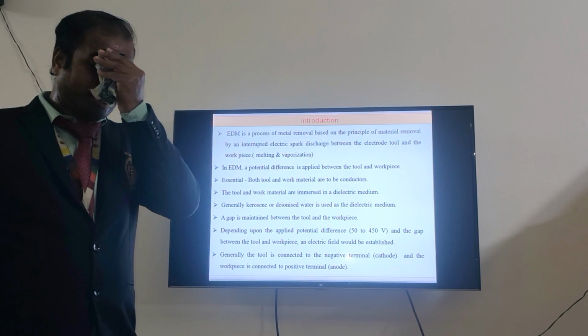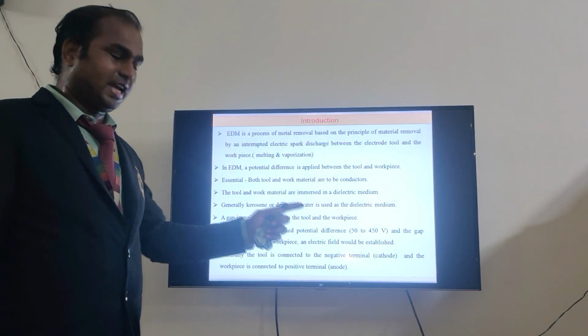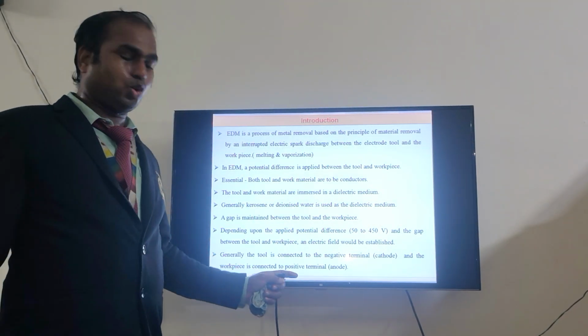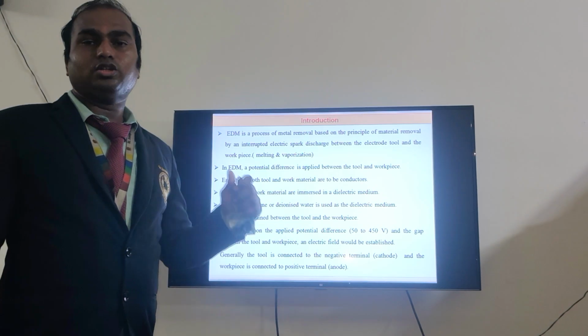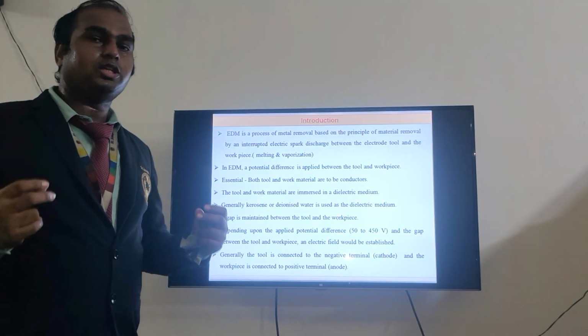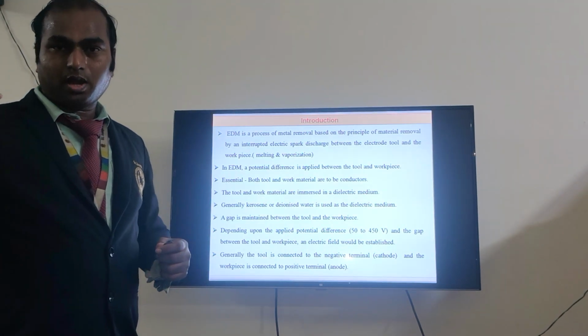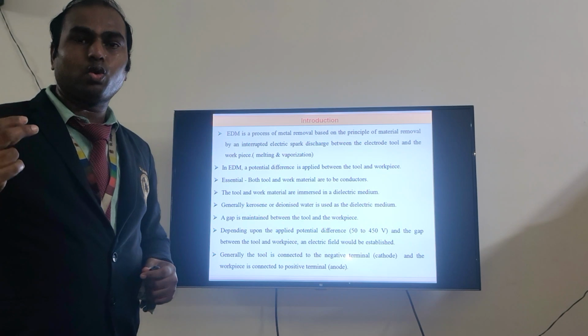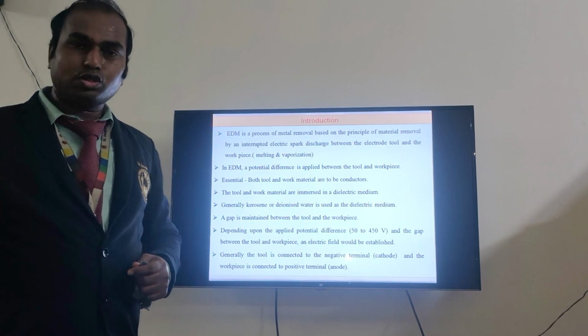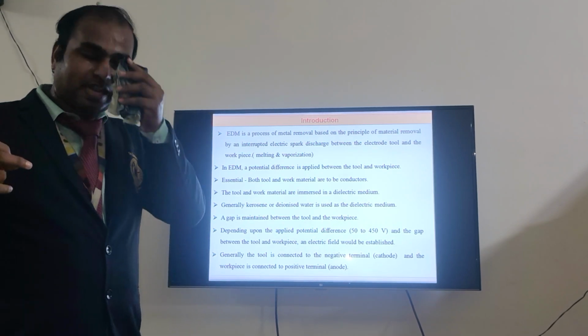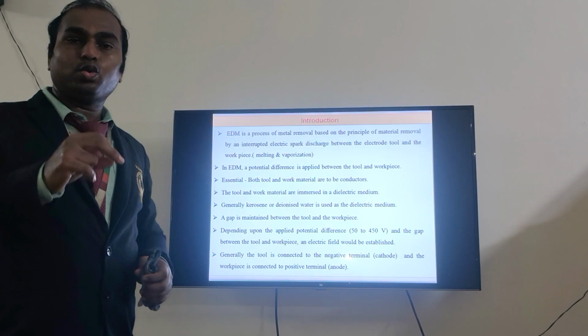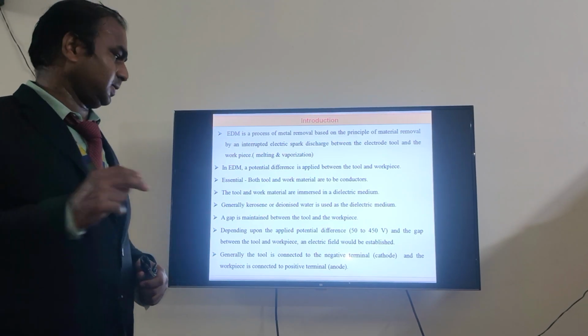Generally the tool is connected to the negative terminal, the cathode, and the workpiece to the anode. The spark discharge between the tool and the workpiece takes place through the dielectric medium, which acts as flushing pressure to remove the debris from the workpiece.